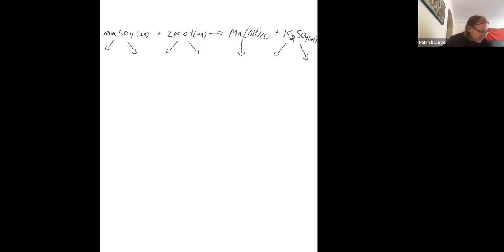Okay. So looking at the chart of polyatomic ions, you can figure out that the manganese is +2 and the sulfate is -2. Now, be careful here. You have 2 of the potassium hydroxides. So potassium and hydroxide are going to break up into 2 separate ions, but there's a 2 in front of it.